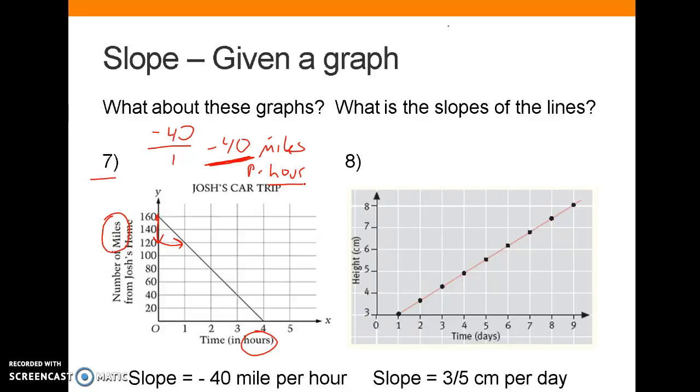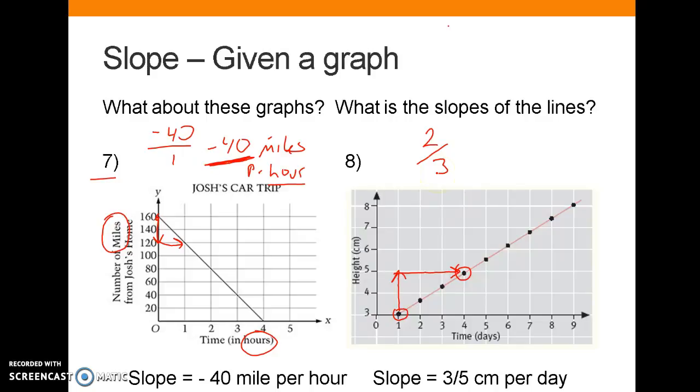If I do the same thing here with number 8, let's say I pick this point here and I pick this point here. I'm going to go up from 3 to 5, that's up 2, and I'm going to go over from 1 to 4, that's a distance of 3. So the slope is positive 2/3.